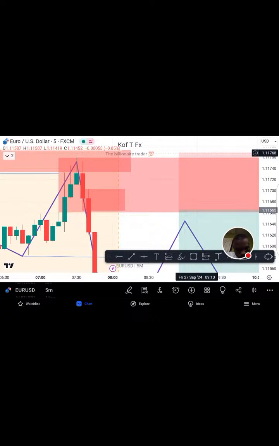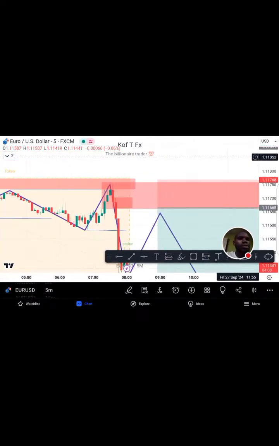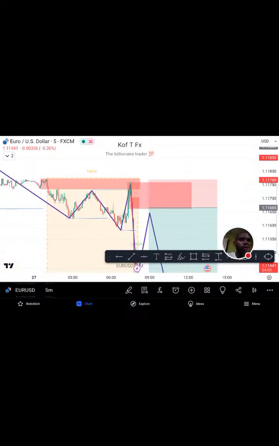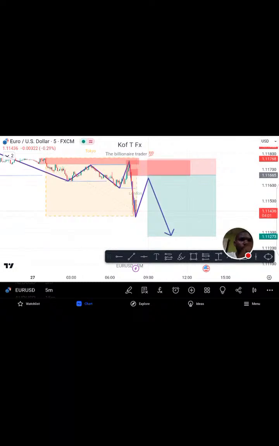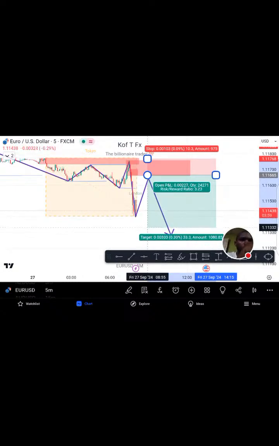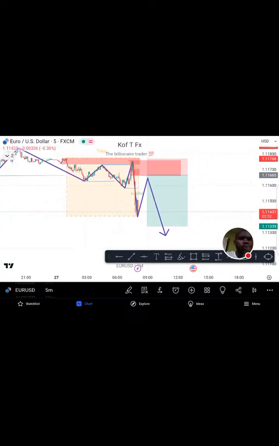Okay, so I'm targeting 3 RR on the trade. 3 RR. Now London session is open.